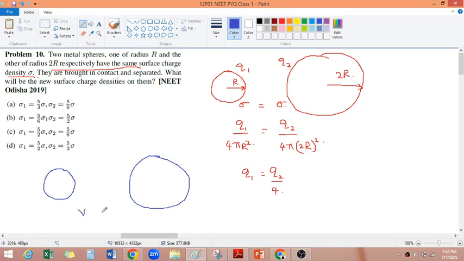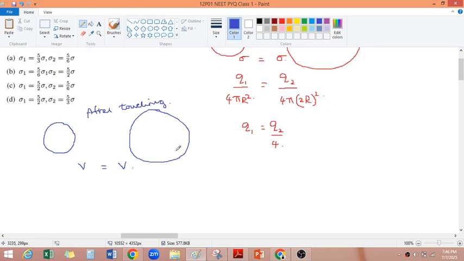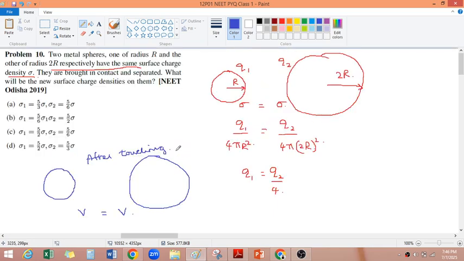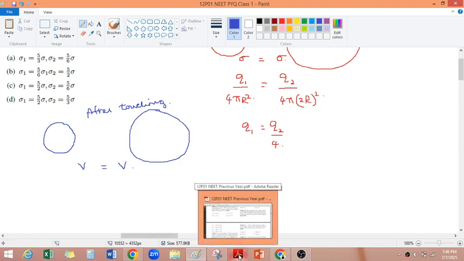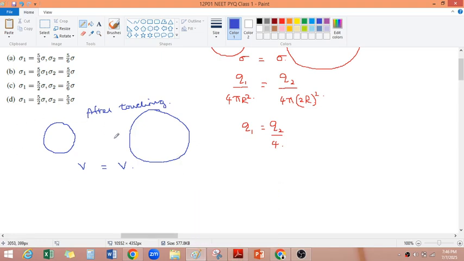So the voltage here is equal to the voltage here after touching, because the charges will flow from higher voltage to lower voltage, just like water flows from higher level to lower level until the levels are equal. As I always say, go to the handbook. I have given proper explanations.